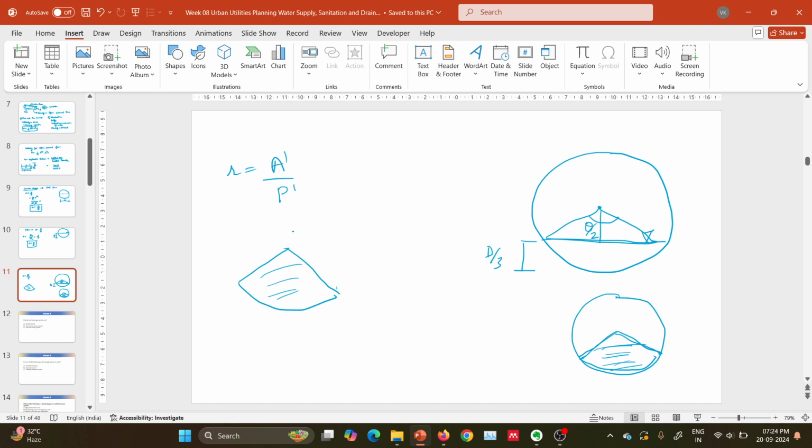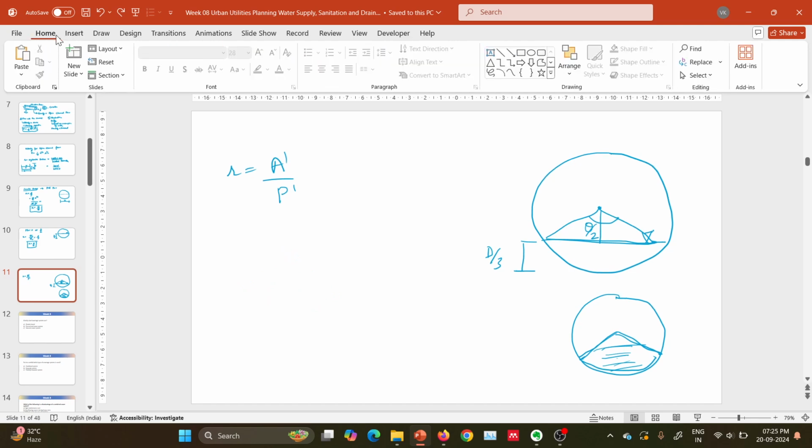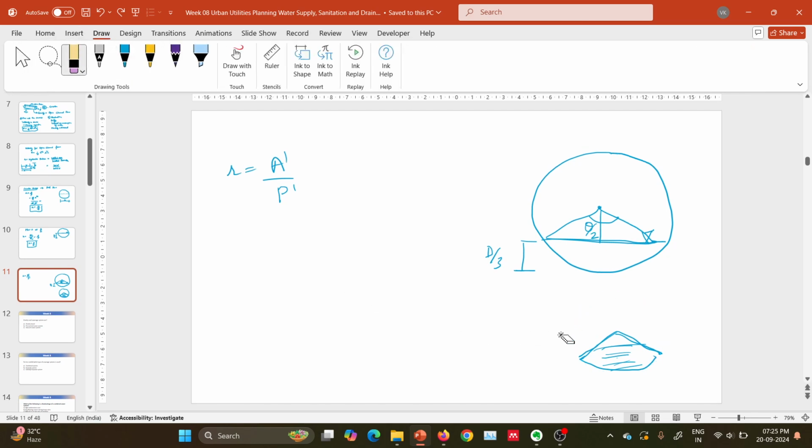Sorry, there is a mistake here, so I will write it here again. So this perimeter will be this much only, and area will be this much. Mathematically we will calculate.